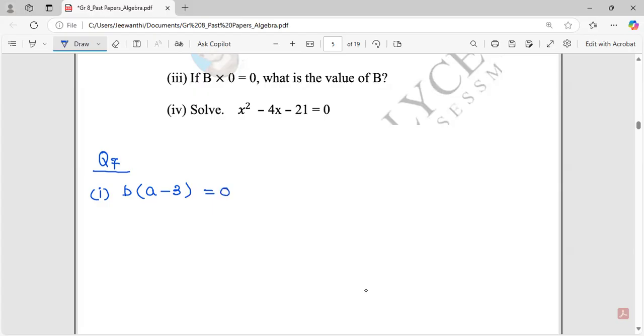Here, children, you want to understand when you have something like this. In between the letter and the bracket, we have the hidden multiplication. Even though we are not showing it, we do have the hidden multiplication.